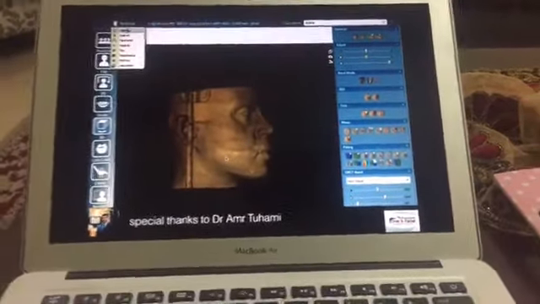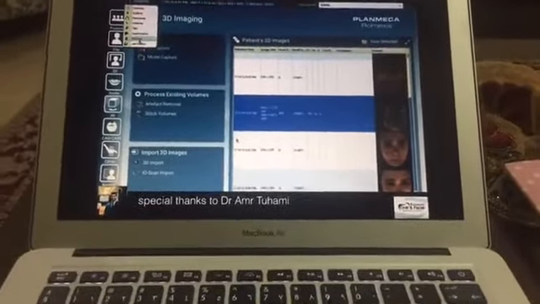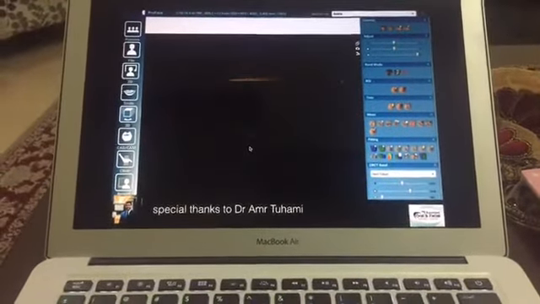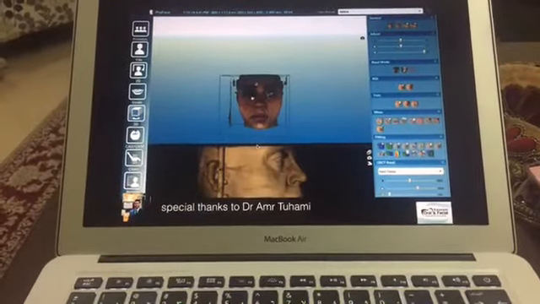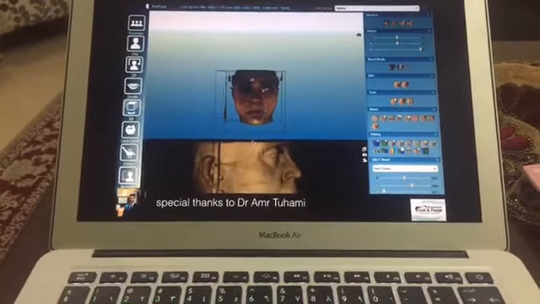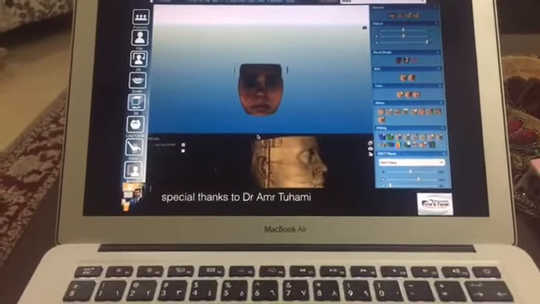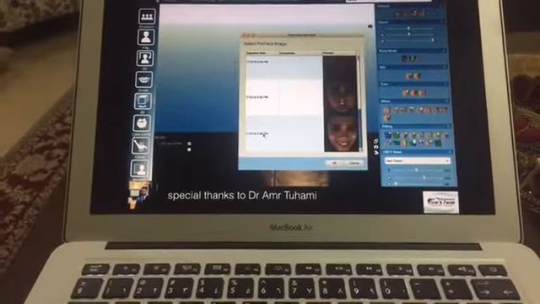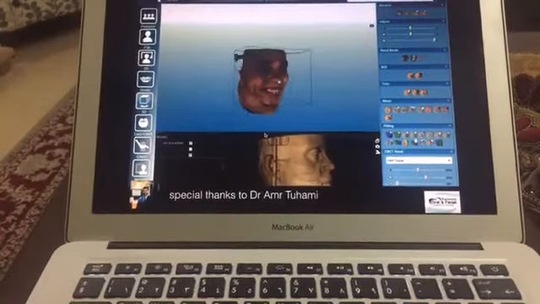And after this, we select another smiling face for the patient. We try to get the smiling face. So this will be very important, to make a mask before you work.